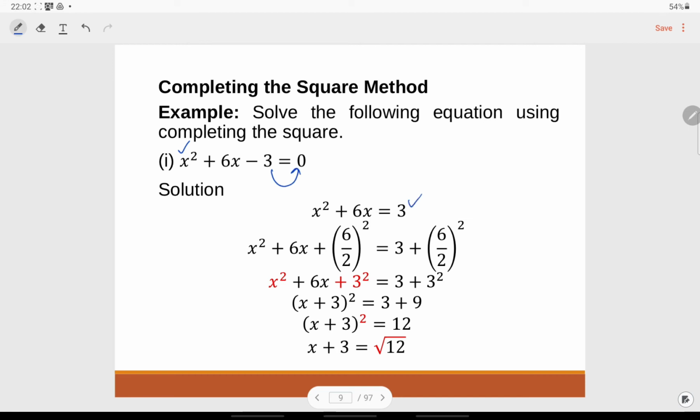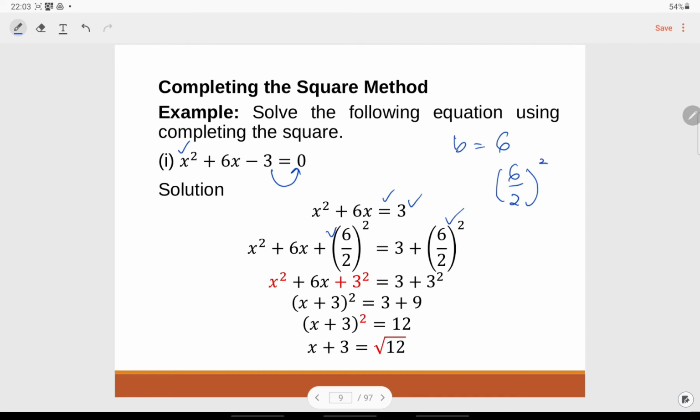At this step, we identify the value for b. The b is equal to 6. So in the next step, we need to put (6/2) squared. We need to add (6/2) squared at both sides of this equation. So we put this one at the left side and this one at the right hand side.